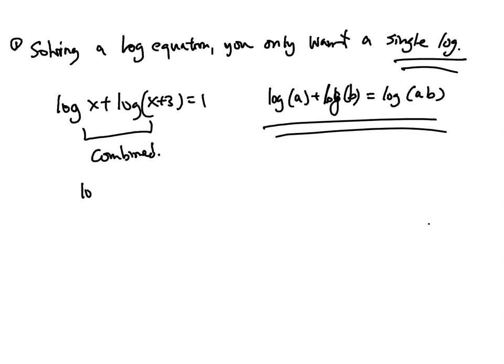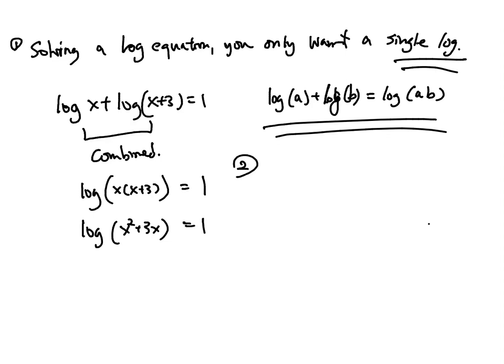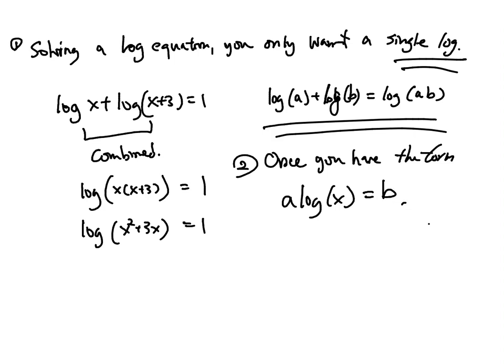So this is log of x times x plus 3 equals 1, so you get log of x squared plus 3x equals 1. So step 2, once you have the form log of x equals b, we change to exponential.